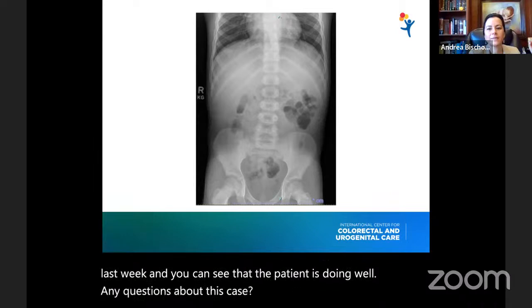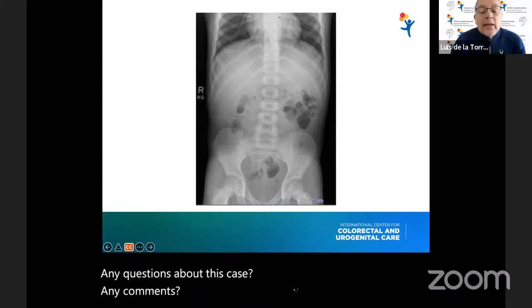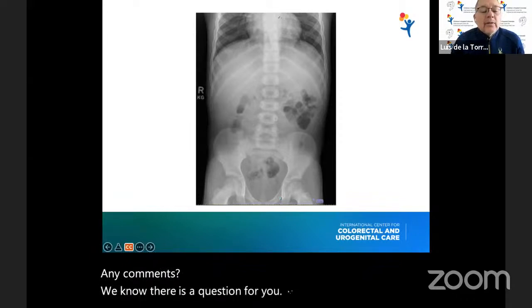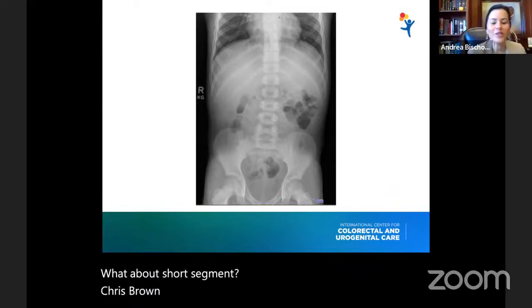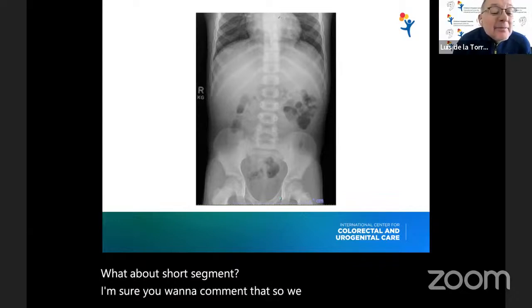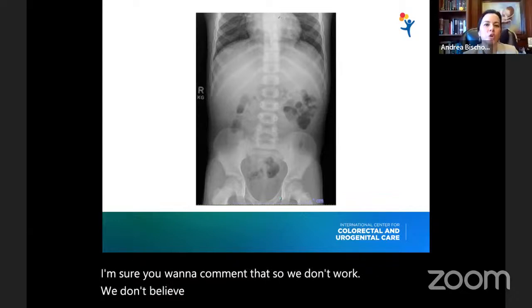Any comments, Luis? Well, there is a question for you. It says, what about short segment Hirschsprung? I'm sure you want to comment on that. We don't believe in ultra short Hirschsprung segment.